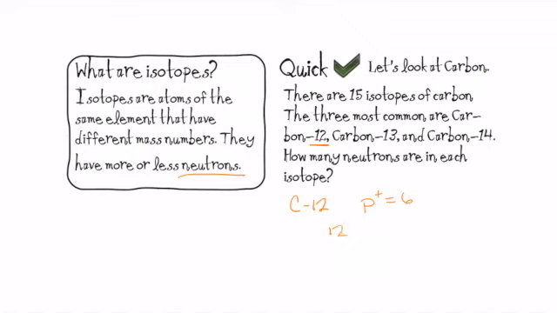So 12 minus 6, it has 6 neutrons. Carbon-13 has a mass of 13, so 13 minus 6, it has 7 neutrons. And carbon-14, we would have 14 minus 6, because our proton number doesn't change, gives us 8 neutrons.